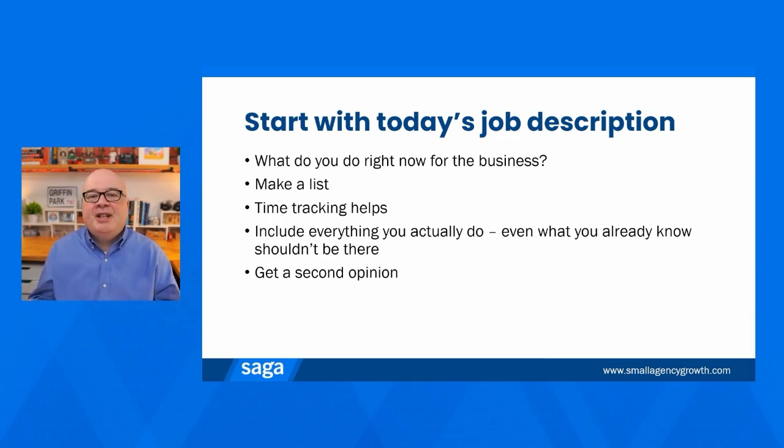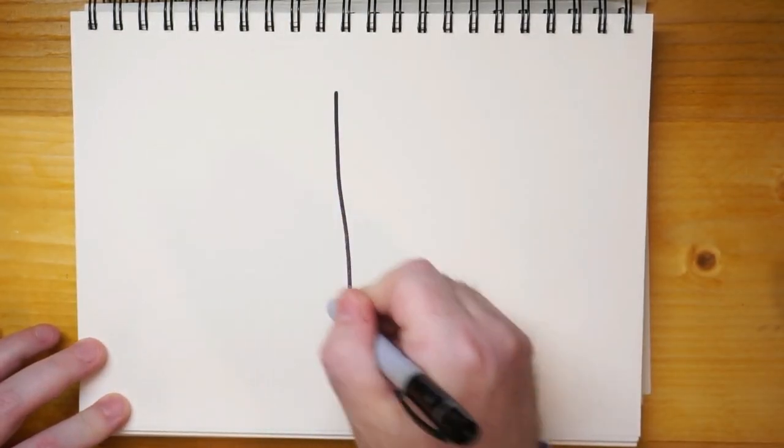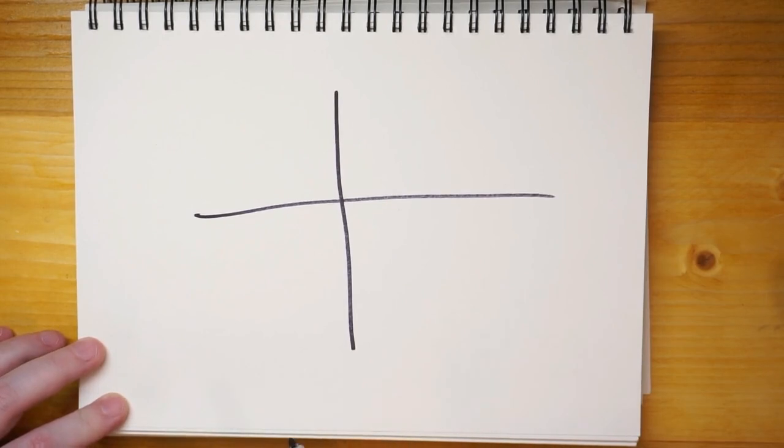Now, finally, the last thing I would suggest to you is an exercise where you take all of these tasks and activities that you're currently doing and you put it into a grid. And I'm going to try to show you here with my excellent penmanship and my sort of faux whiteboard here what I'm talking about. So you start with a basic grid like this.